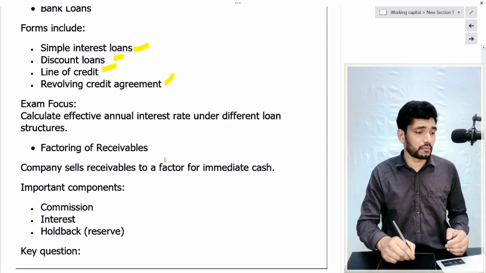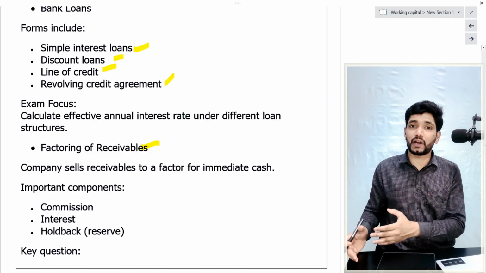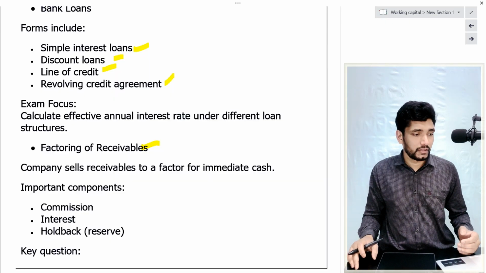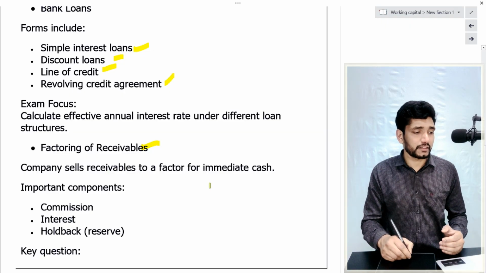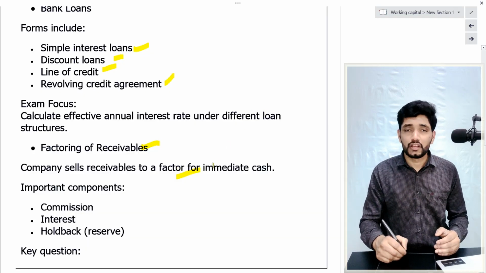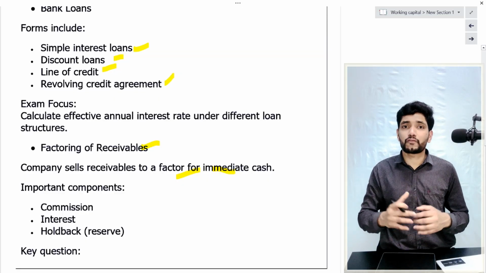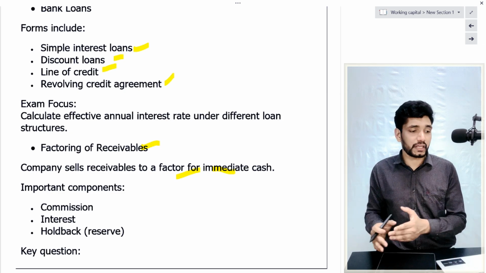Then the factoring of receivables. Factoring of receivables means we are selling our receivables to a third party and collecting that money immediately from the third party. Normally that third party is called a factor. That means the company sells its receivables to a factor for immediate cash. Suppose a company wants some immediate cash. Instead of waiting to collect its receivables, it can sell them to a third party.